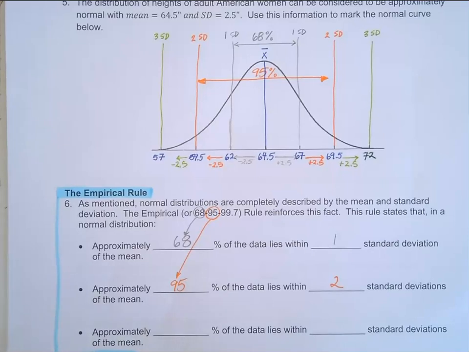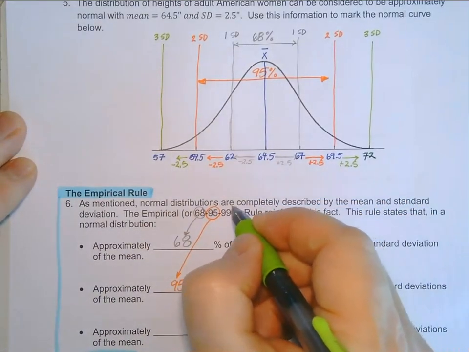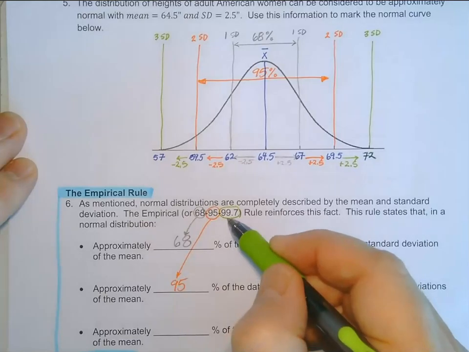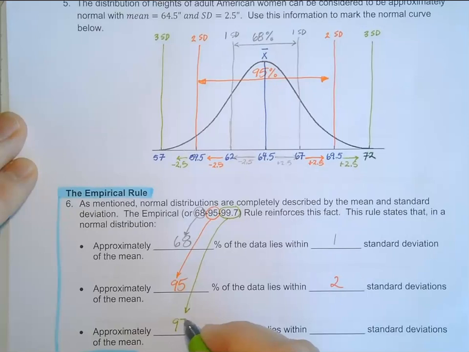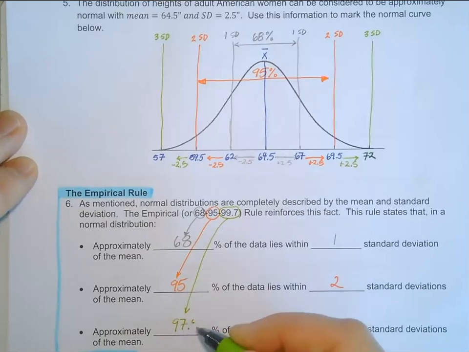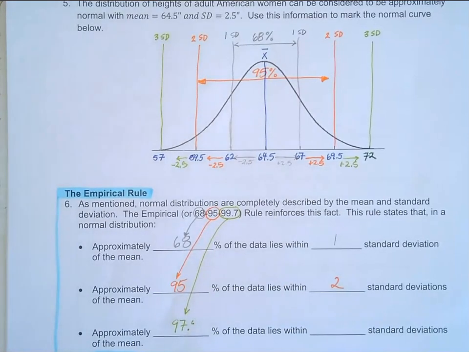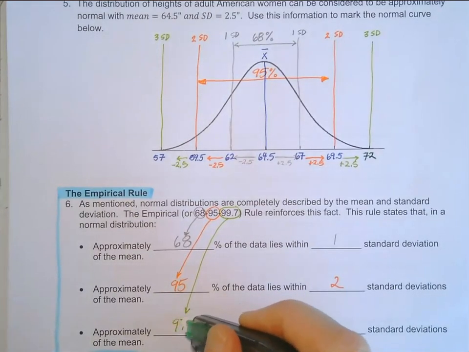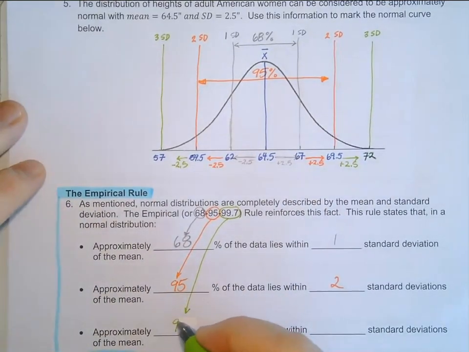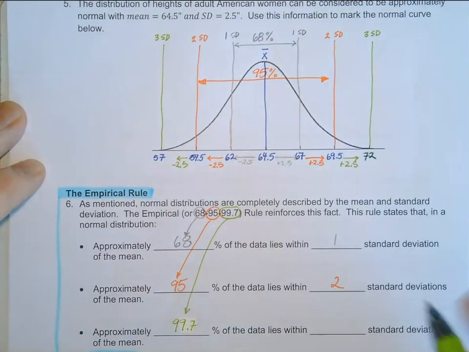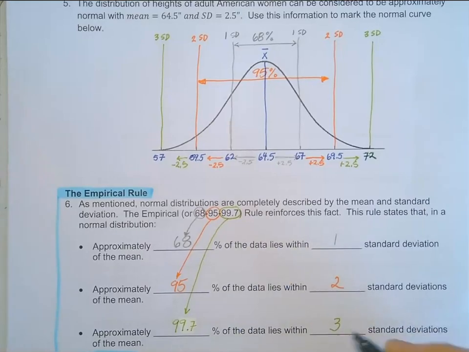Okay, and then finally, this 99.7 here is going to go down there. And so this is saying that approximately 99.7, let me just fix that here, .7% of the data lies within 3 standard deviations of the mean.